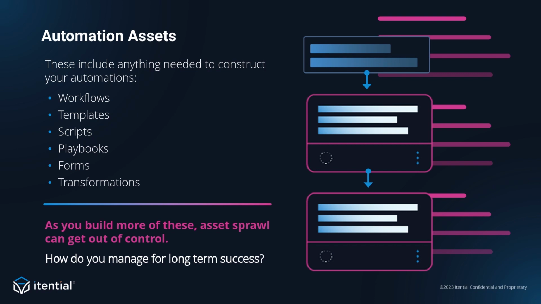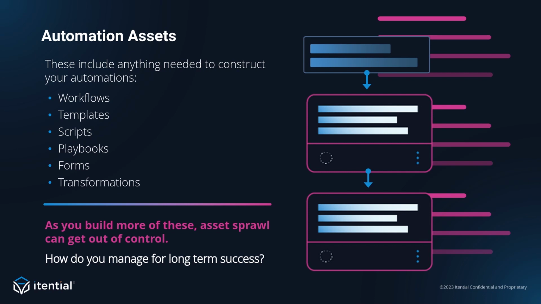And what we've seen as folks have embarked on their automation journey, typically it'll start with a handful of assets. They might write a Python script or an Ansible playbook, but over time, as they have success with that, it starts to grow. They want to add additional functionality. They want to support additional use cases. Pretty quickly, in an unmanaged situation, these assets can become a multitude, and they can become more and more difficult to manage.